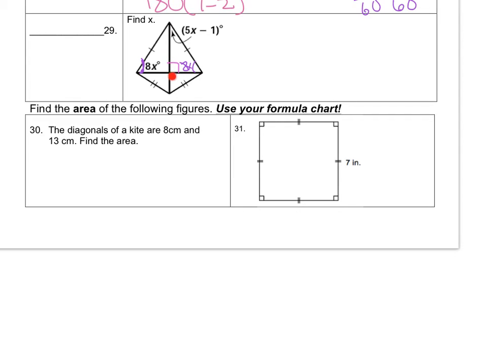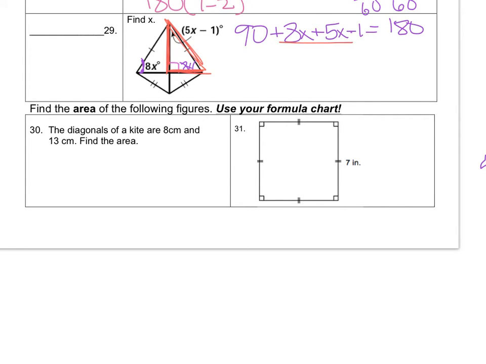Okay, outlined in my red little laser, you have a triangle. A triangle is 180 degrees. I'm going to outline it in red again so you can't miss it. Add everything up and set it equal to 180. So you have 90, 8x, and 5x minus 1. So I have 90 plus 8x plus 5x minus 1 equals 180. Okay, combine like terms.